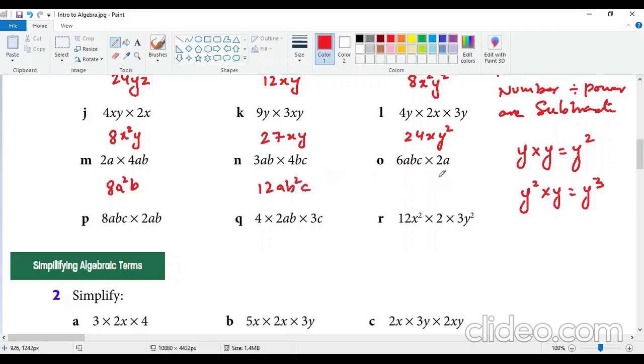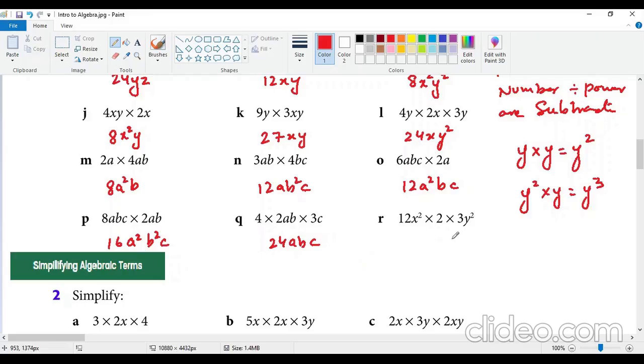This gives you 12a square b c. This gives us 16a square b square and only one c. This gives us 4 times 2 is 8, 8 times 3 is 24, a, b and c is going to be your final answer.